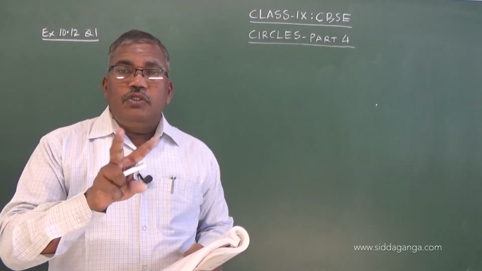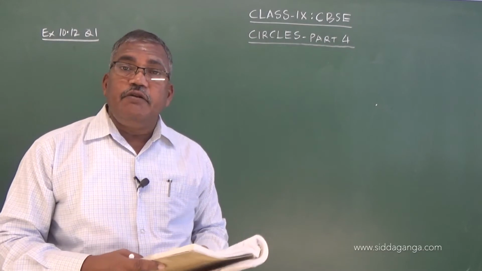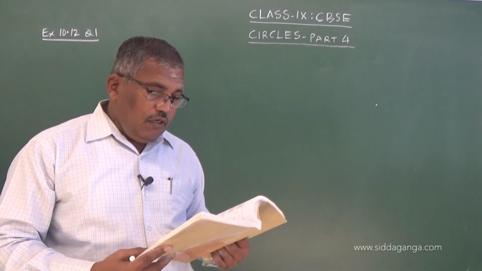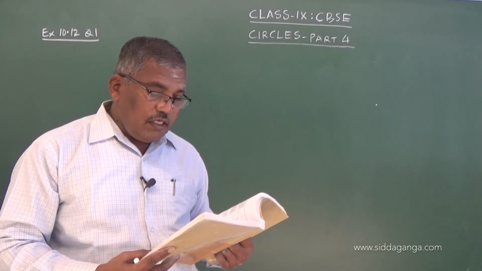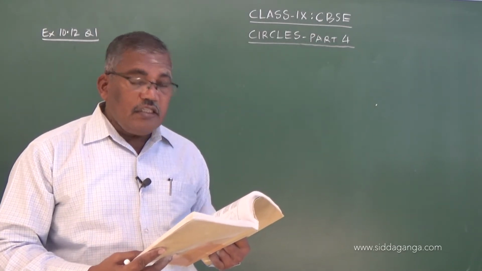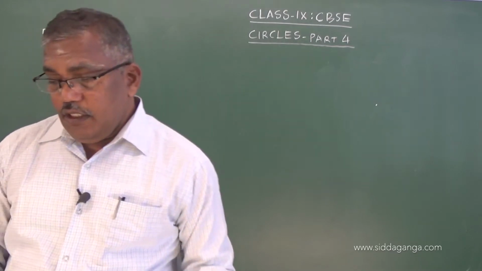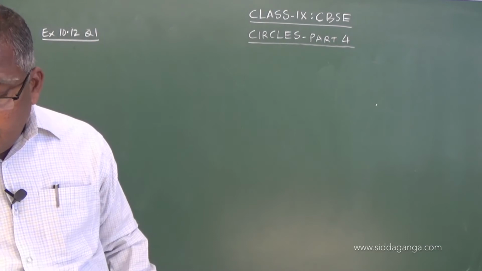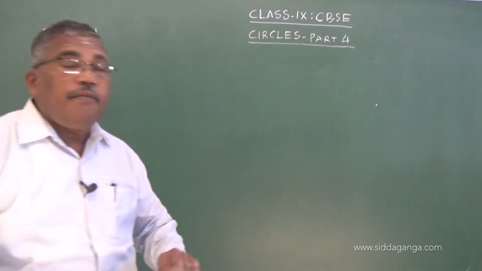Then two circles with the same radii will be congruent. We are aware of that. Prove that the equal chords of congruent circles subtend equal angles at their center. So here, instead of one circle, we have to draw two circles with the same radii.